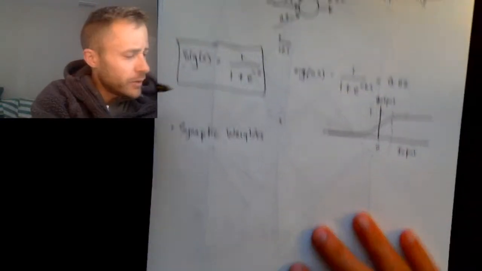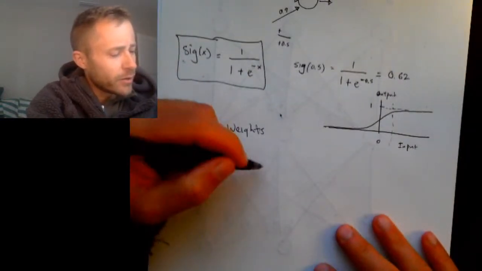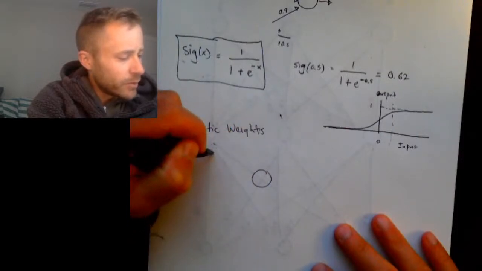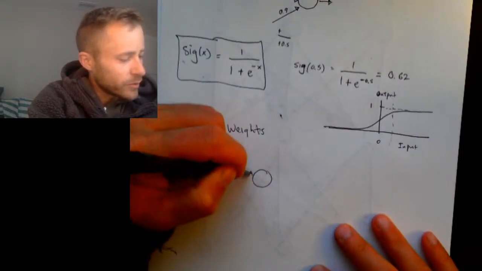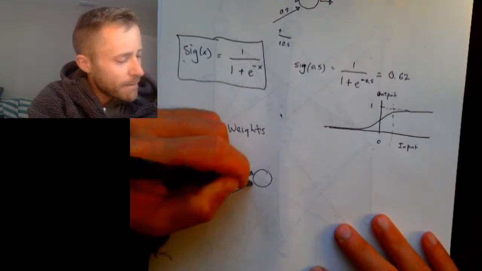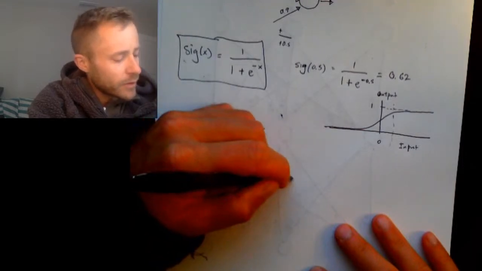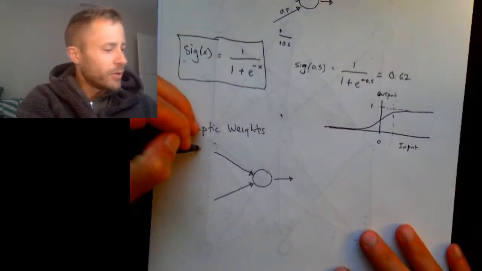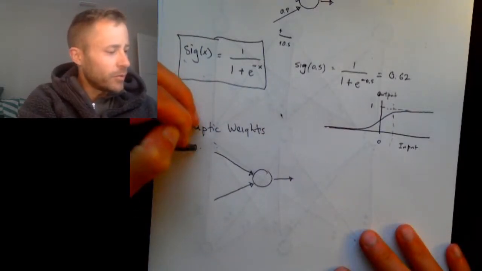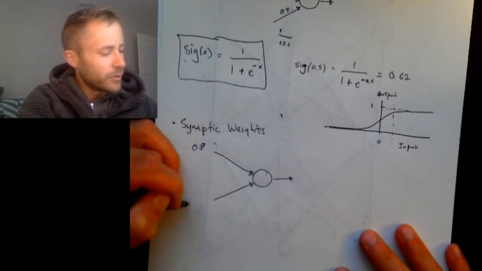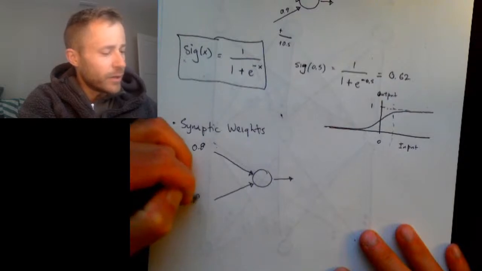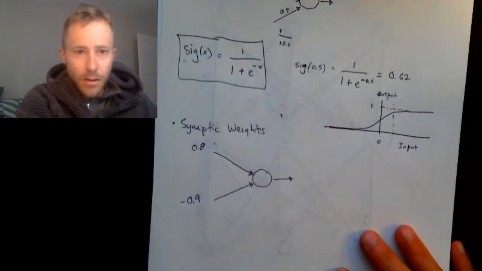which, okay, so maybe a neuron has 2 inputs. Let's make it 2 inputs for this neuron, and it has an output. So maybe this input is 0.8, and this input is negative 0.9. Okay?